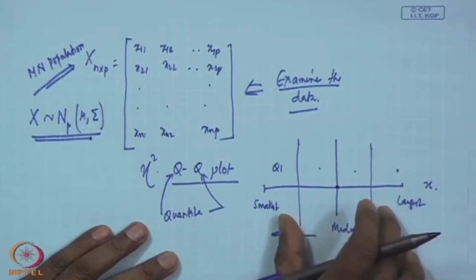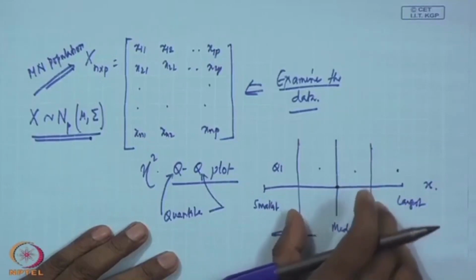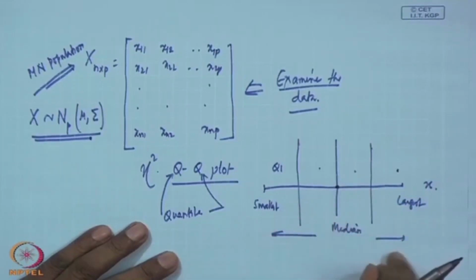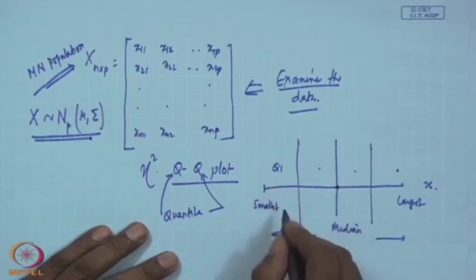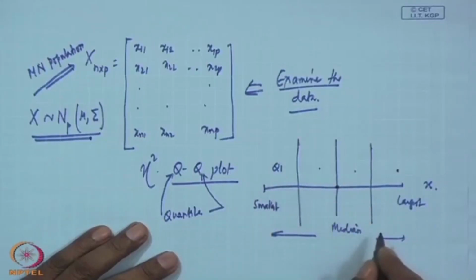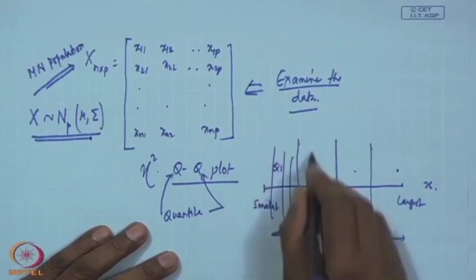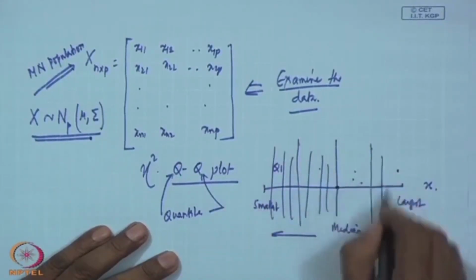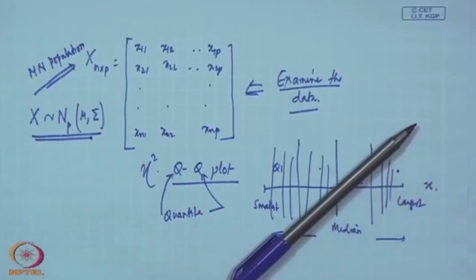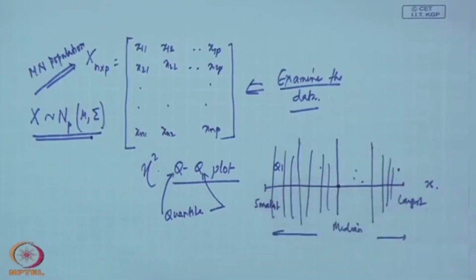So, when you make quartiles, you are partitioning the data into 4 parts. Now, you do one thing, you partition into 100 parts. What will happen? That is percentile.